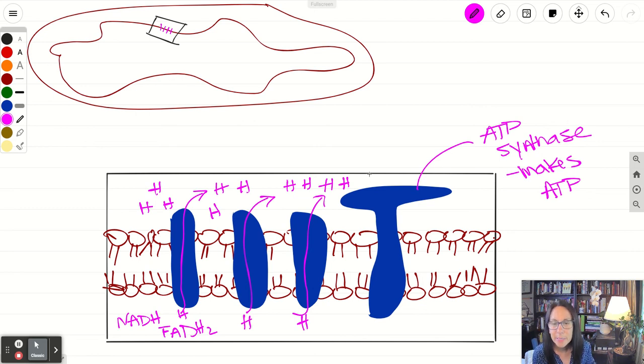What's going to happen is because there is a higher concentration of hydrogens up here, they're going to passively diffuse through ATP synthase. This passive diffusion is going to cause this enzyme to make ATP. Okay, so ATP is going to be generated. And that is very important. And that's the whole point of cellular respiration.